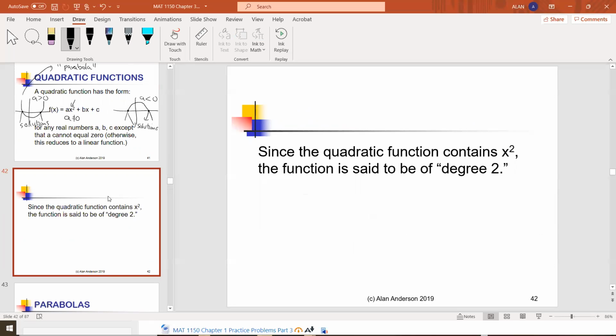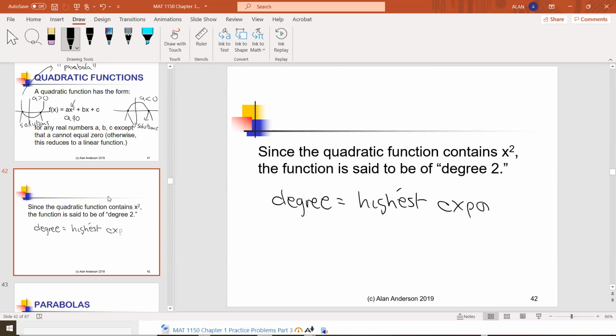You might recall that convention. Degree is the highest exponent in the equation or function. So quadratic has degree 2. So something like this.